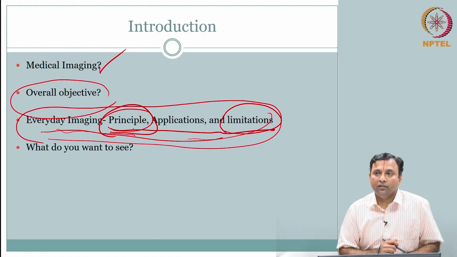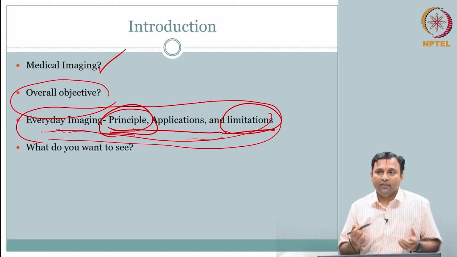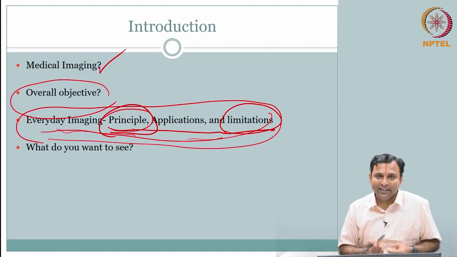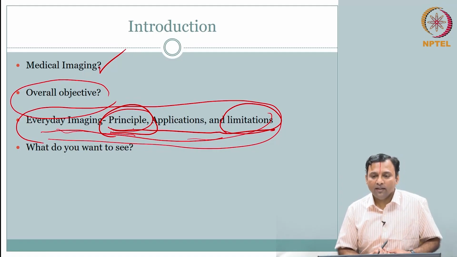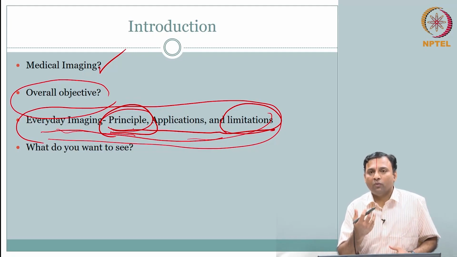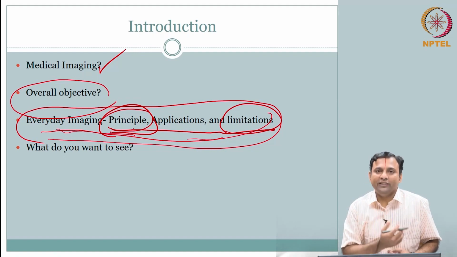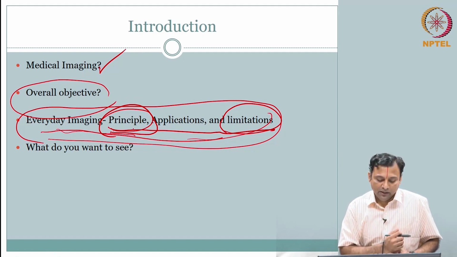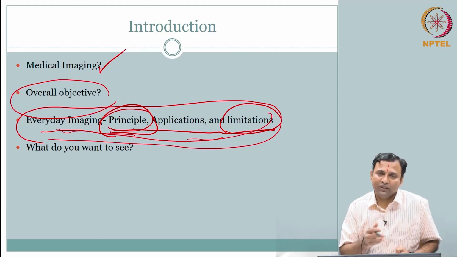Well, it depends on the modality, right? It depends on what that property has influence on, or what that property catches of the underlying pathology. So the question is a tricky question. I hope you will be able to appreciate the answer to it at the end of this course.